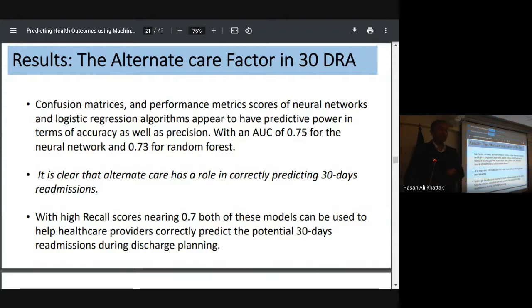It's clear that alternate care definitely has a role in correctly predicting the 30-day readmission. With the high recall nearing 0.7, both of these models we believe can be used by healthcare providers to correctly predict the potential 30-day readmission during the discharge planning phase.